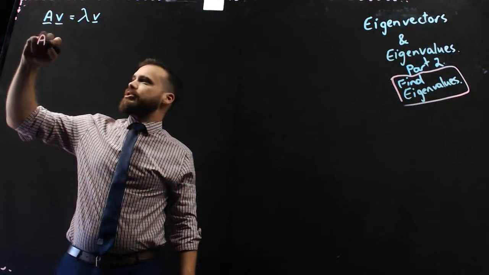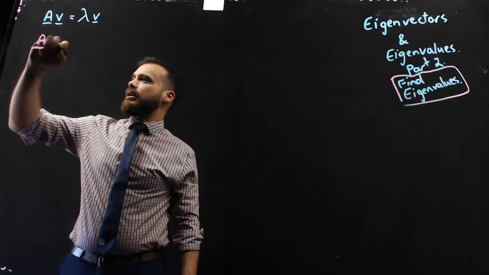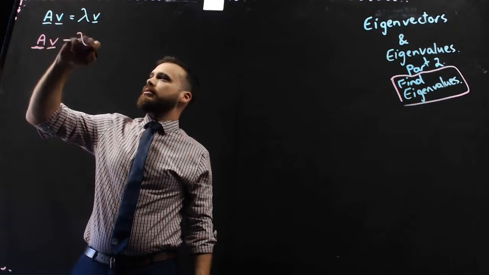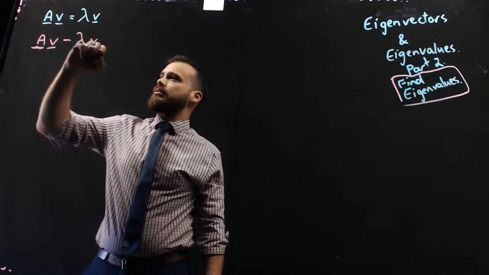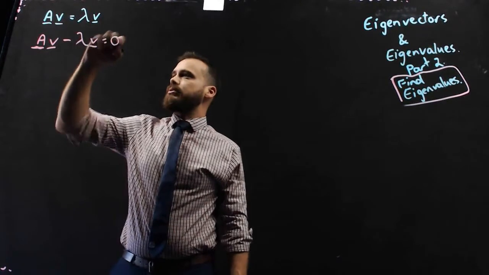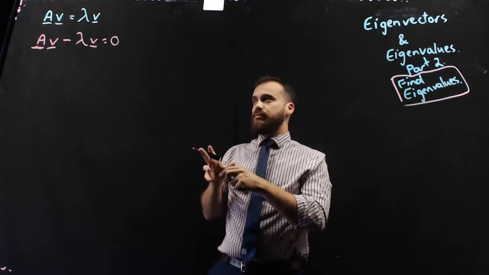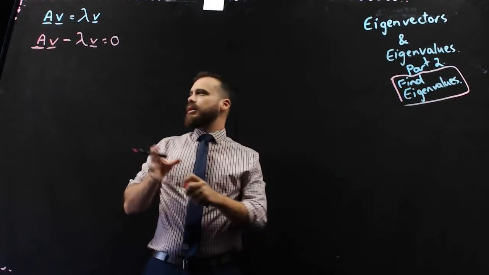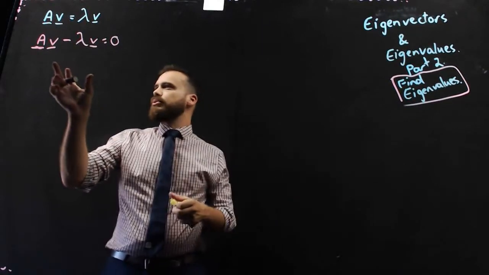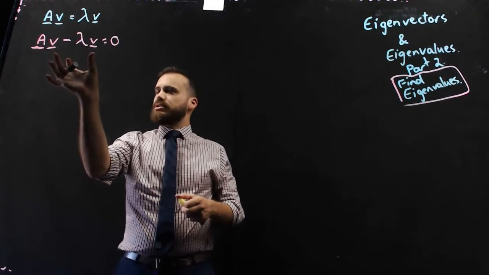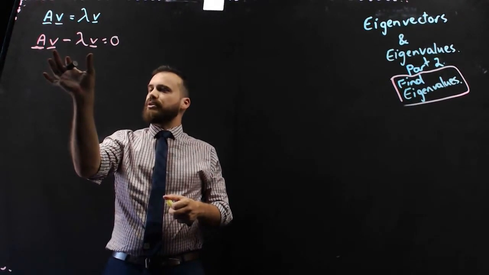So I'm just going to rearrange it to say that A v minus lambda v equals 0. Alright, pretty useful at the moment. Now, I can probably move this vector because you can see we've got a common value here.